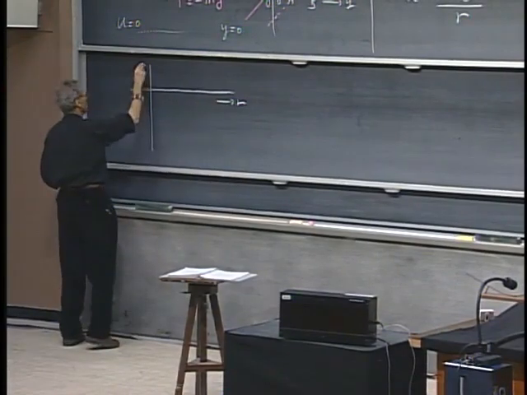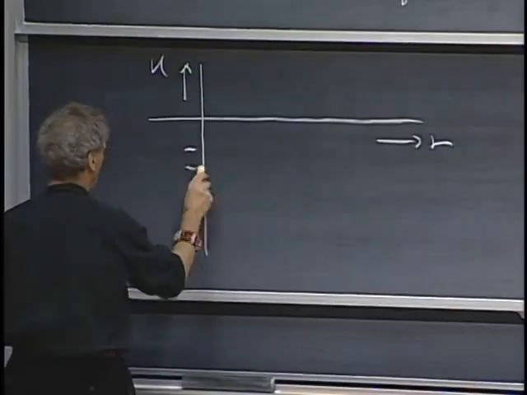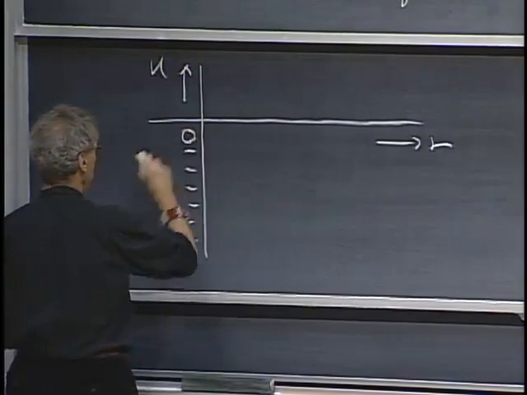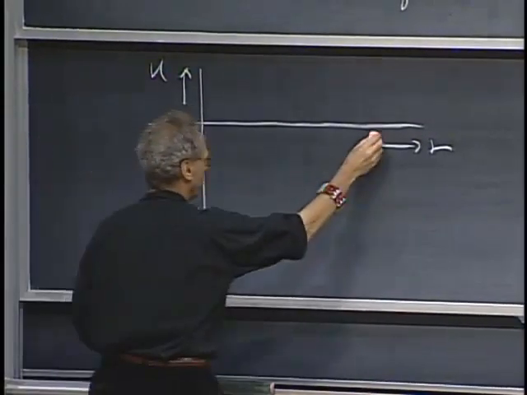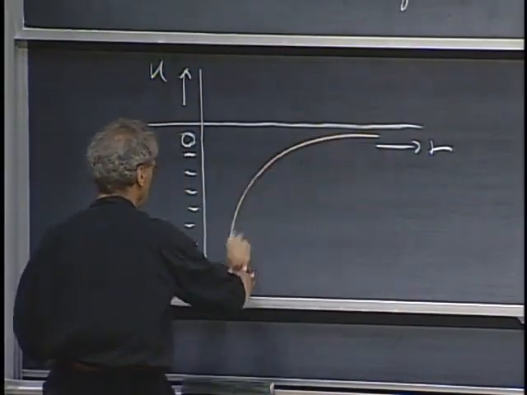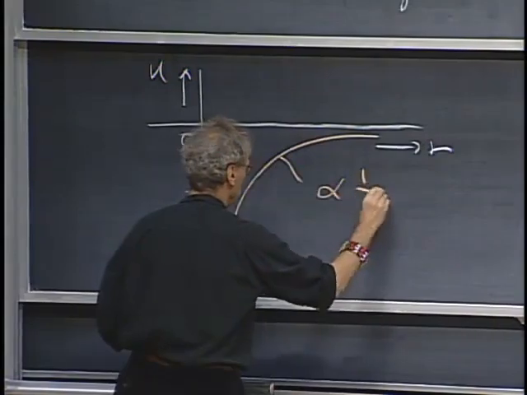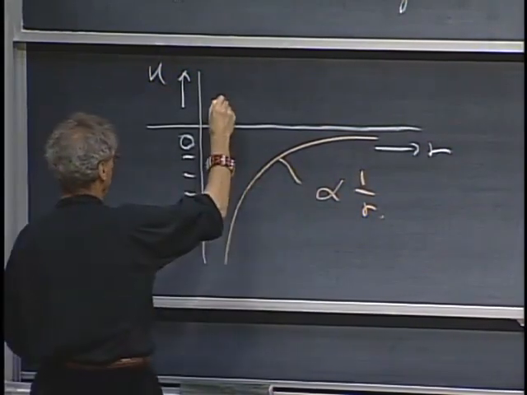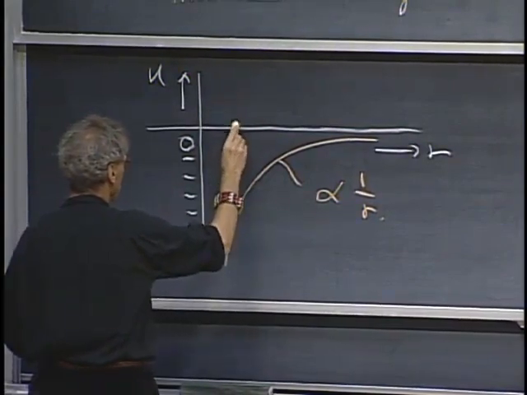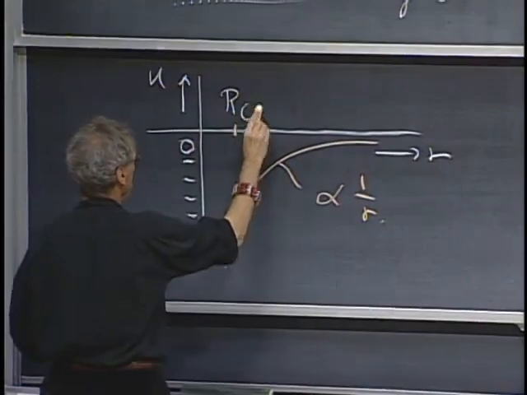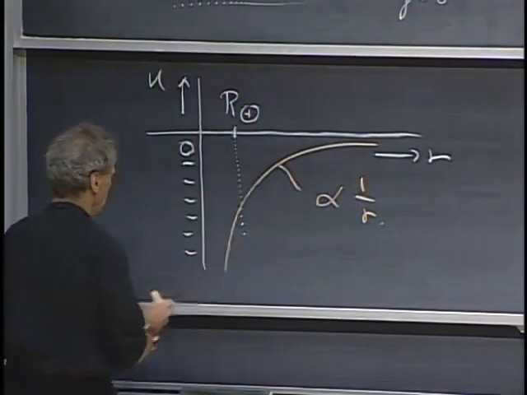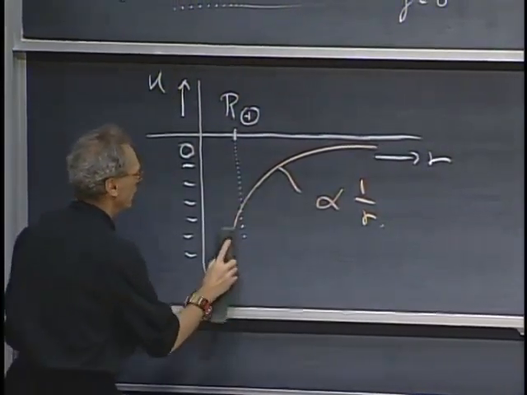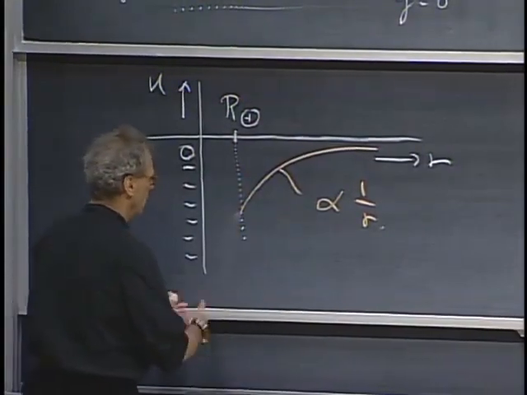This is increasing potential energy. All these values here are negative. And you get a curve which is sort of like this. This is proportional to 1 over r. Now, of course, if the Earth had a radius which is this big, then this curve does not exist. It stops right here.